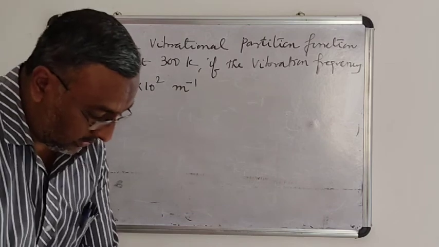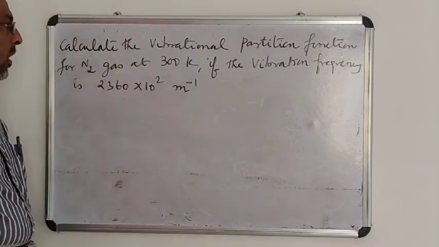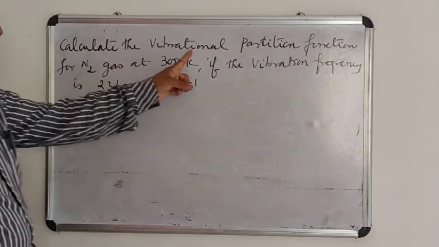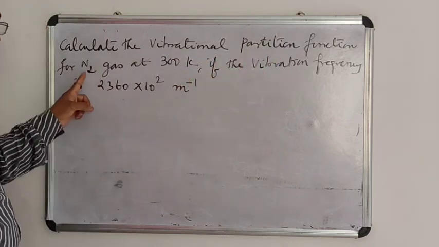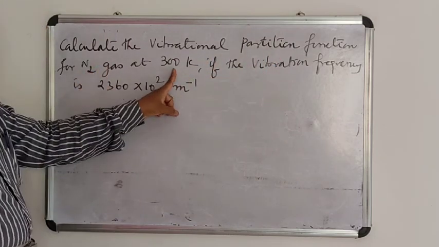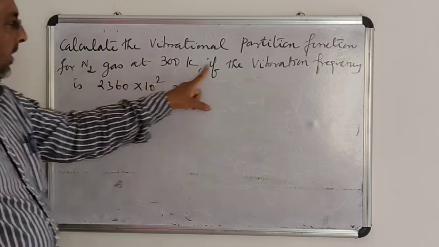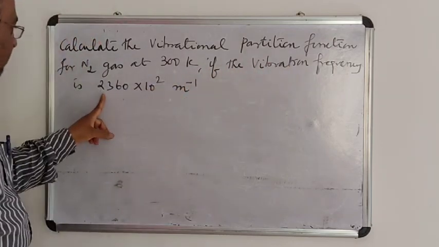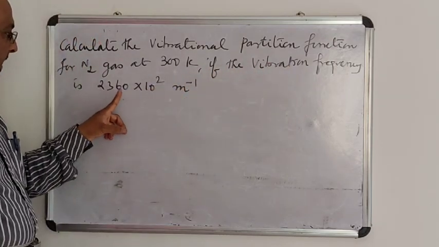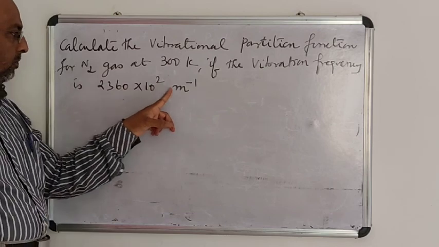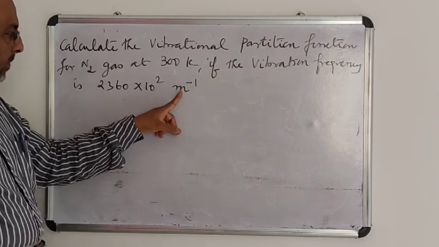See, this is the problem asked: calculate the vibrational partition function for nitrogen gas at 300 Kelvin. Temperature is given, and the vibrational frequency is 2360 into 10 to the power of 2 per meter.